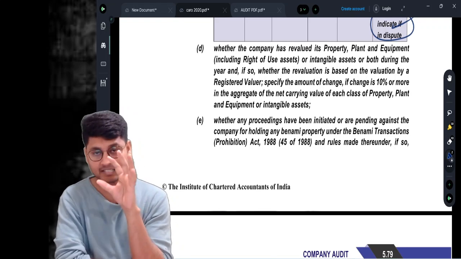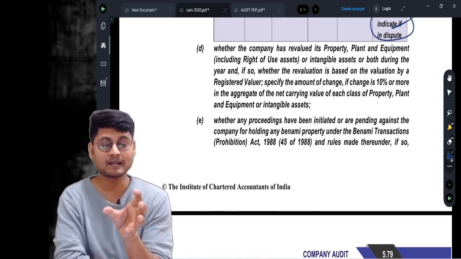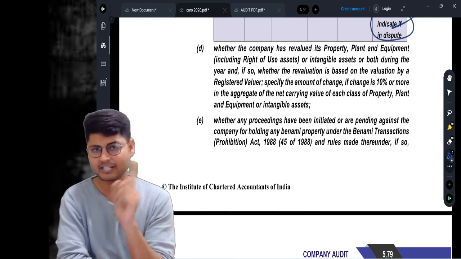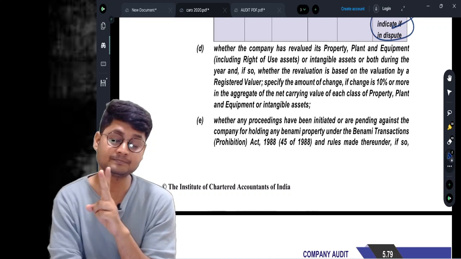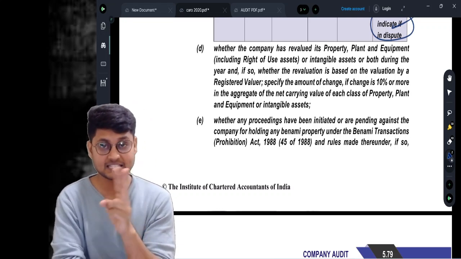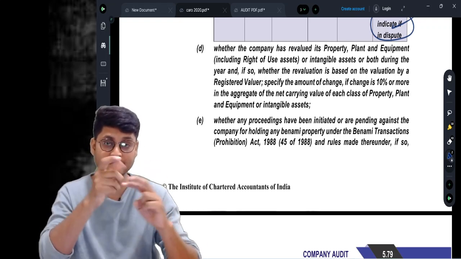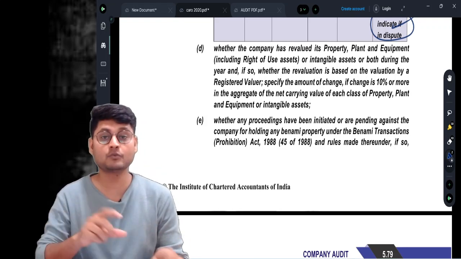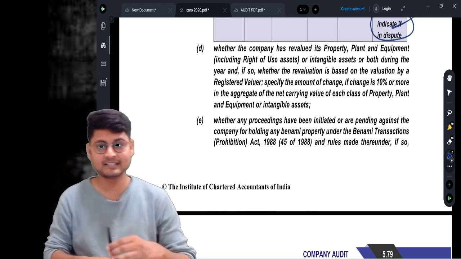If in the year in which we are going to report those are revalued, whether it is revalued by a registered valuer or not, and if there is any change which is more than 10% of the existing, then we need to report the amount of change also, how much it is changed. That shall also be reported here. Okay, now let us read slowly.